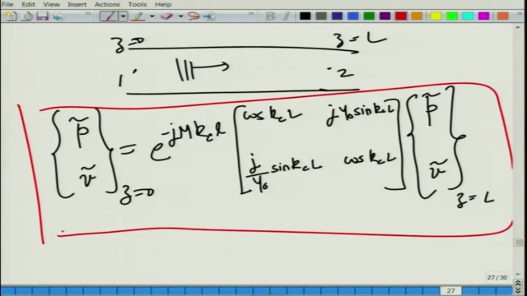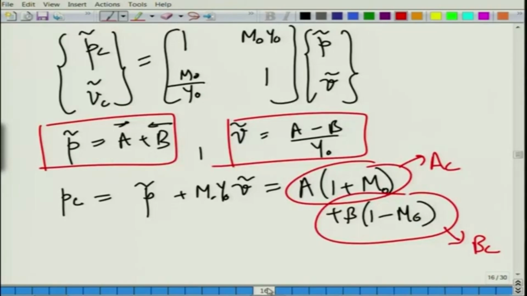So, now basically what we see is a relation between the points 1 and 2 in terms of the mean flow. What we could also possibly do, if you recall the last lecture in this week, is that we had this relation, this particular guy. So, what does it do? It basically relates the convective variables with the classical state variables.